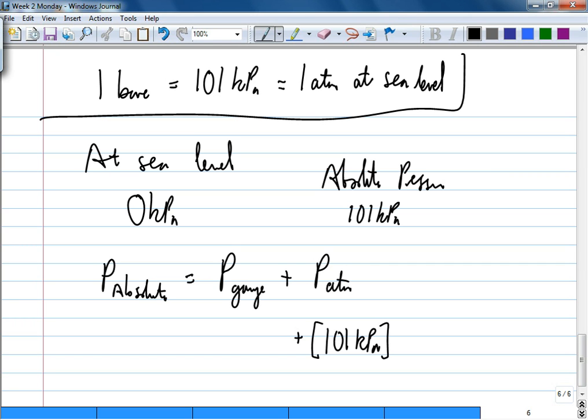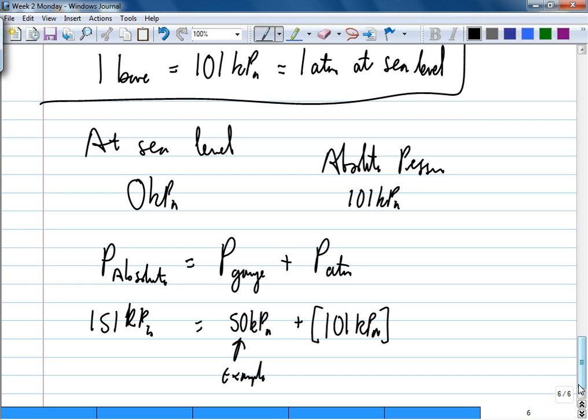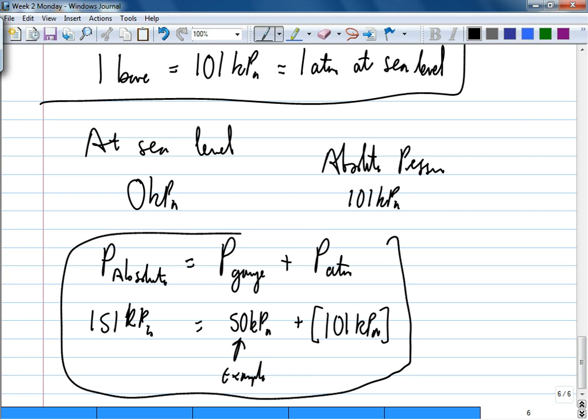So if your gauge pressure reads, for example, 50 kPa, then your absolute pressure is 151 kPa. Is that okay or not? And you can use this formula to go whichever way it needs.